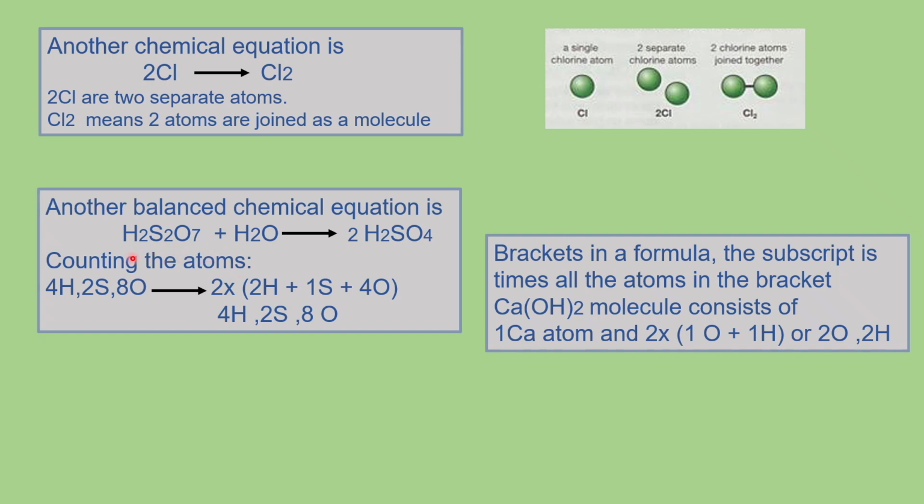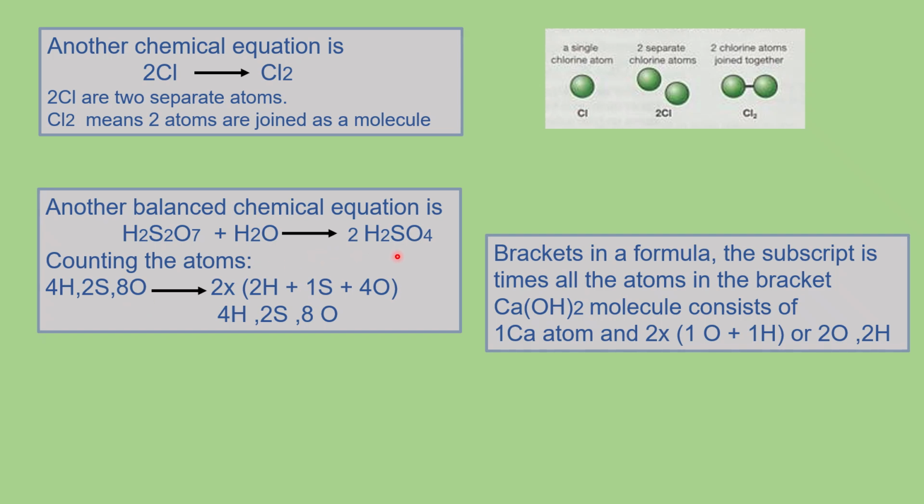Now we have here 2 hydrogen and 2 hydrogen. The total is 4 hydrogen atoms. 2 sulfur atoms. What about oxygen? 7 oxygen atoms in this compound and 1 in the water molecule. So the total of oxygen atoms is 8 oxygen atoms.